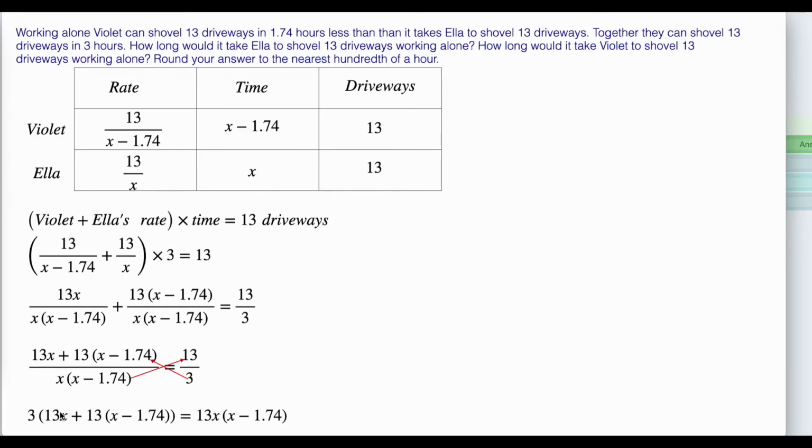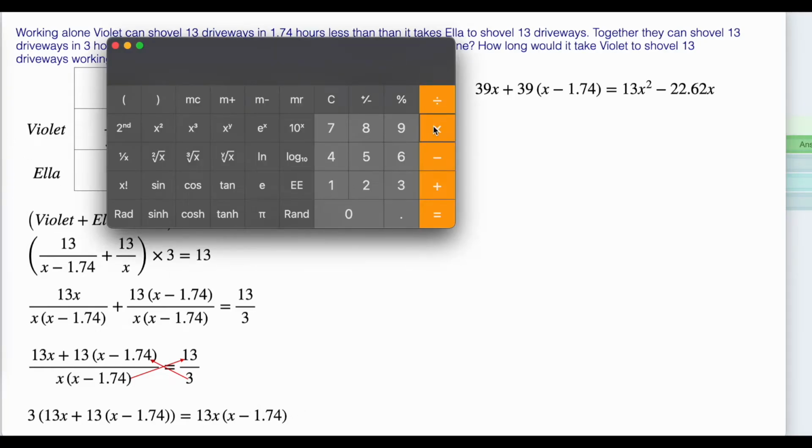Cross multiply, that gives us 3 times 13x plus 13 times x minus 1.74 is equal to 13x times x minus 1.74. 39x plus 39, so 3 times 13 is 39 in both cases, times the open bracket x minus 1.74 is equal to, on this side the 13x multiplies the x, giving us 13x squared, and the 13x multiplies 1.74. 13 times 1.74 is 22.62x.